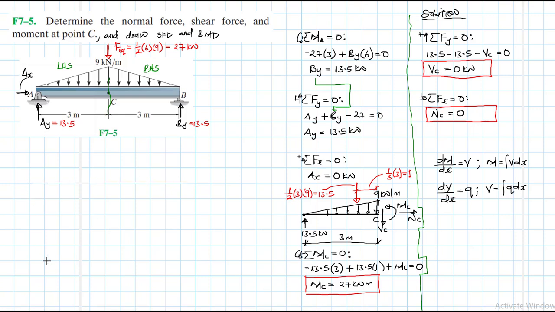So let's work on this problem. Like I said, this problem is symmetrical about this axis, this axis I've just drawn. So we expect the moment to have the same mirror image about that axis, while the shear is going to be the same, but it is going to have different sign.